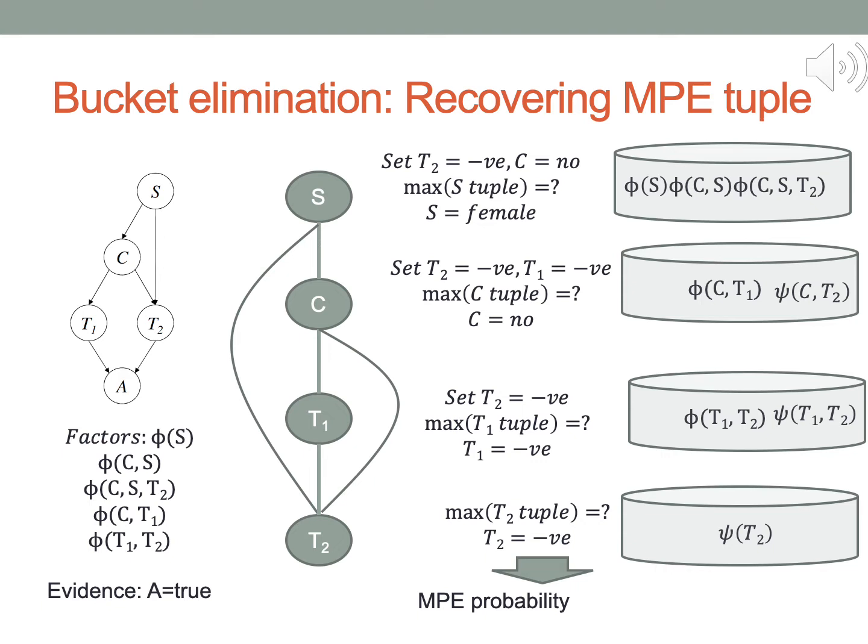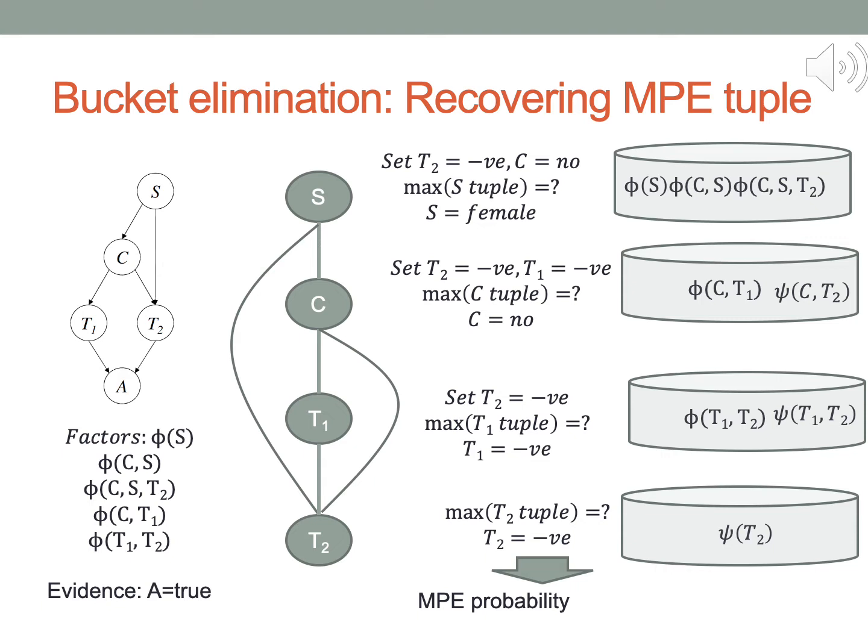At the bucket of C now, since we are running the algorithm bottom up, we know that T1 is negative and T2 is negative. So we set T1 and T2 to negative in each function in the bucket, multiply the resulting functions, and we get a function that is defined over C. In this function, again, if you run the numbers, you can verify that C equals no has the maximum value.